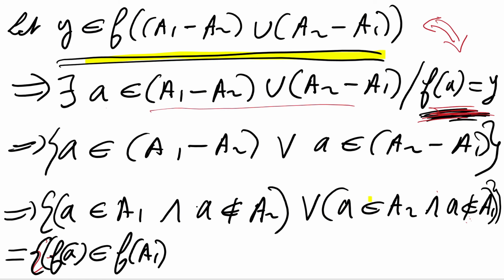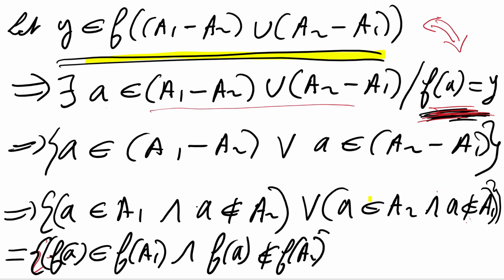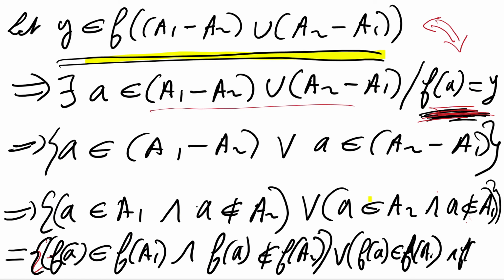So apply the function f on both sides: f of a is in f of A1 and f of a is not in f of A2, or f of a is in f of A2 and f of a is not in f of A1. So just apply the f on this side, and then you get whatever you have here. I'm just going to report that expression there.